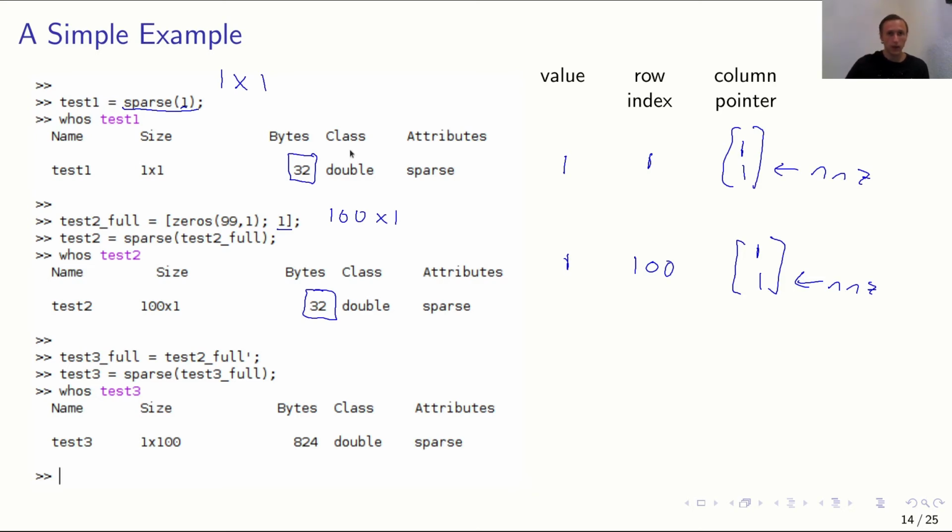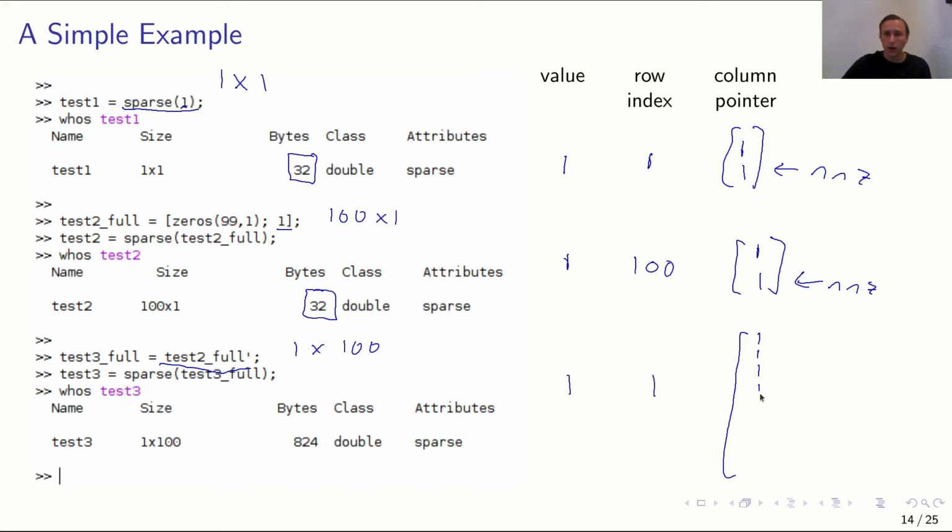However, say now that instead of storing this column vector, we store an equivalent row vector, so the transpose of this object, as a 1/100 array. Then we note that we still need to store just one non-zero value, 1. The row index is going to be 1, since we have only one row. But now our column pointer is going to have the length of the number of columns, which is 100.